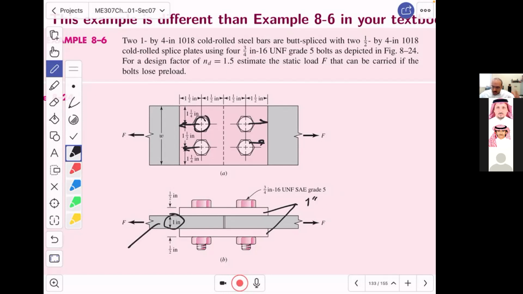And thus, this is why in this problem, the solution is only focused on the gray one, because it is not different than the top one. You may argue, ya shabab, that but the top one has a thickness only of 1/2 inch, while this one has a thickness of 1 inch.